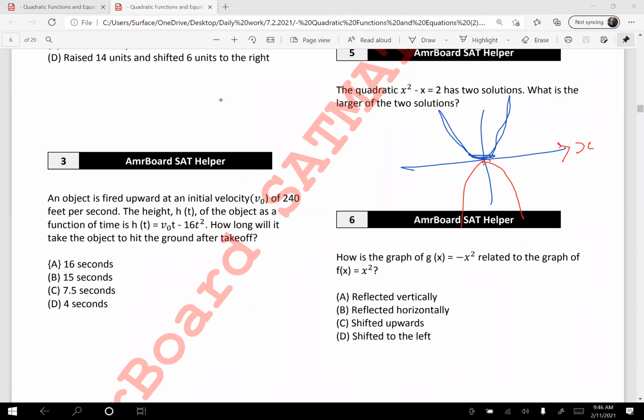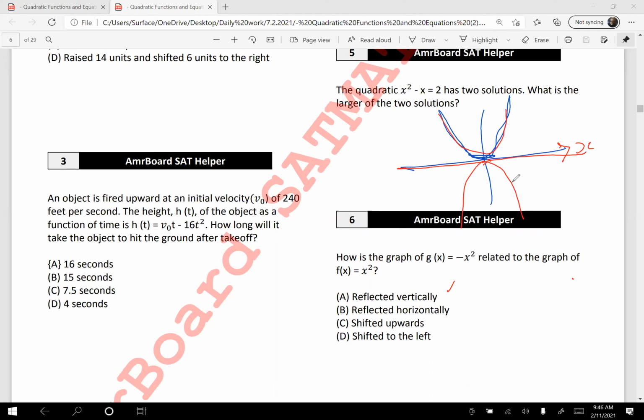Omar Sobh, go ahead. B. Horizontally or vertically? I'm confused about it, honestly. The reflection through it will be vertically, because this move will move to the other side.